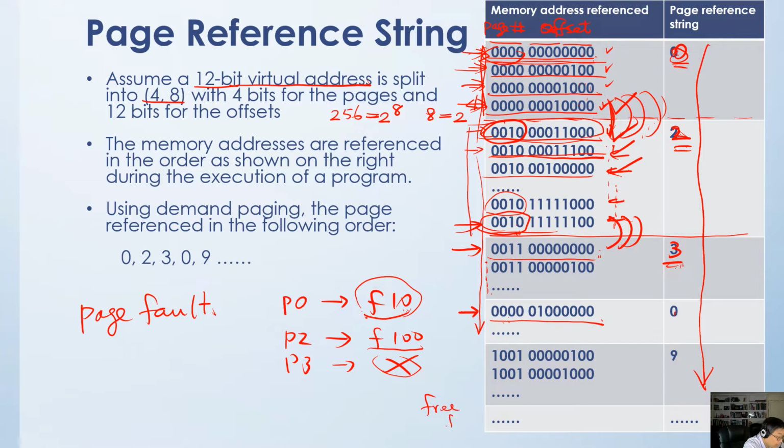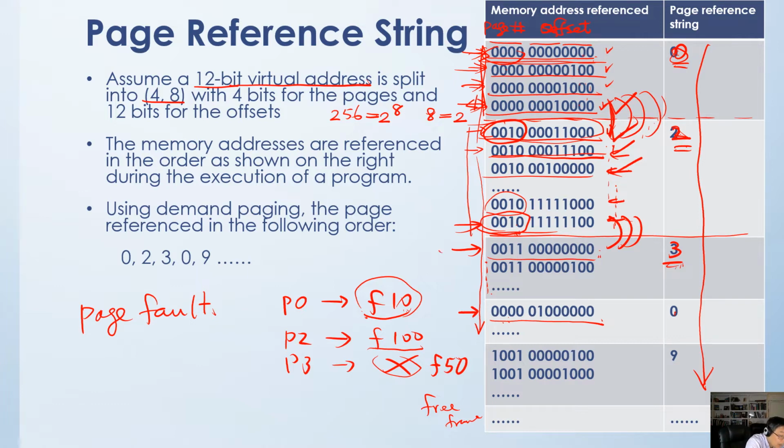If there's a free frame, load page 3 into that free frame and update the page table, update the present bit, right? Let's say we find a free frame and load page 3 into frame number 50.